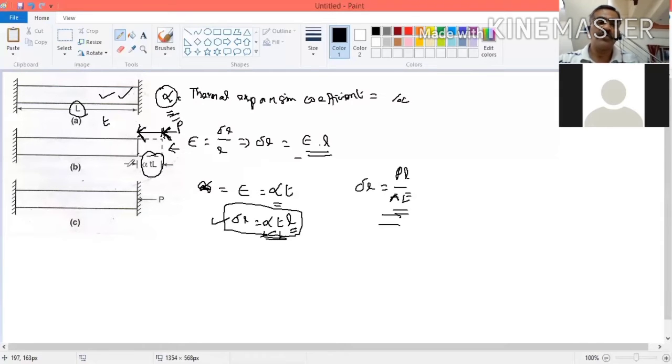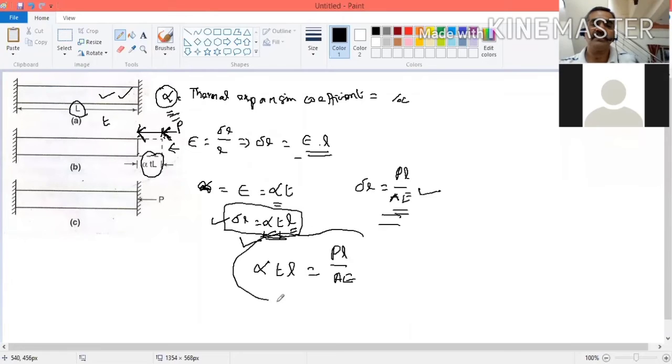So now we have delta L in two terms: one in terms of temperature, another in terms of load. Compare these two. Alpha TL is equal to PL by AE. When it is subjected to a temperature rise of T, this will be the expansion of the structure.